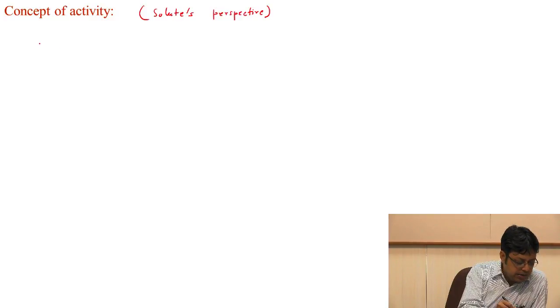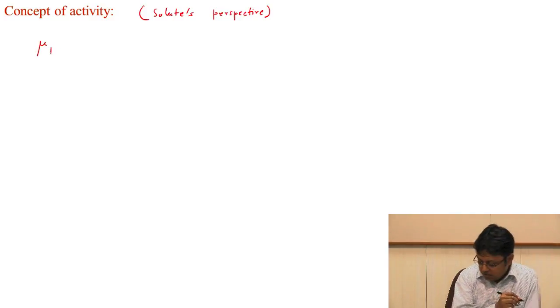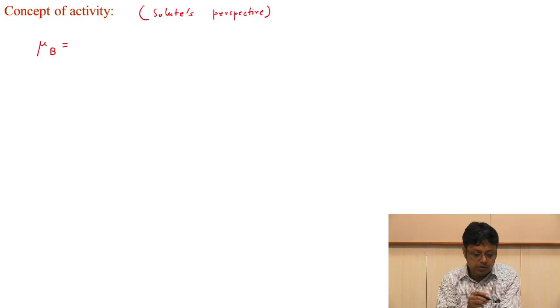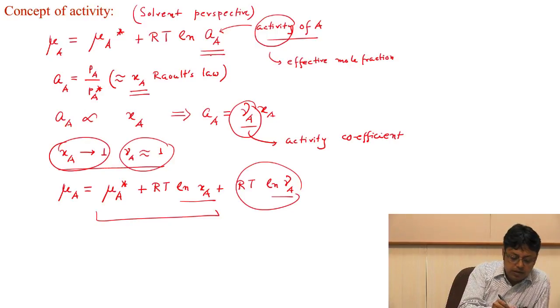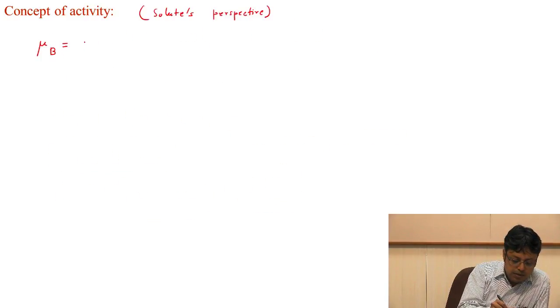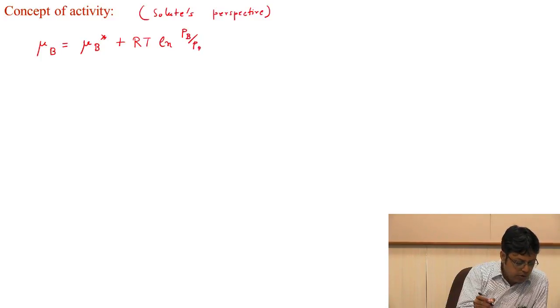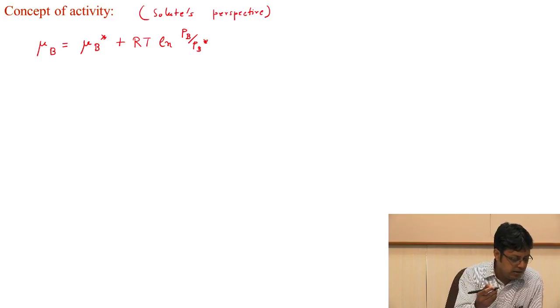We can just write it as mu B. We are writing B for the solute, just like here, and we are writing mu B is mu B star plus RT ln PB by PB star, which is basically the activity.